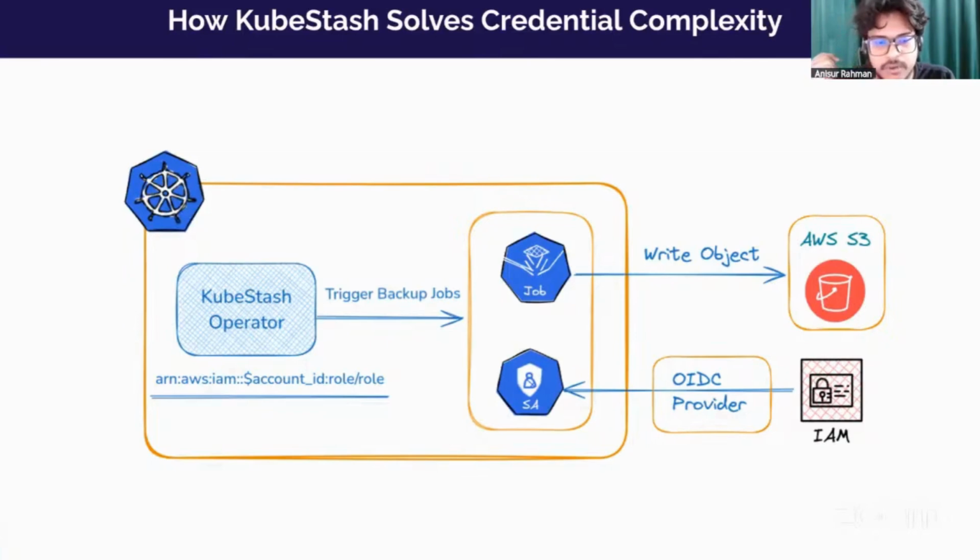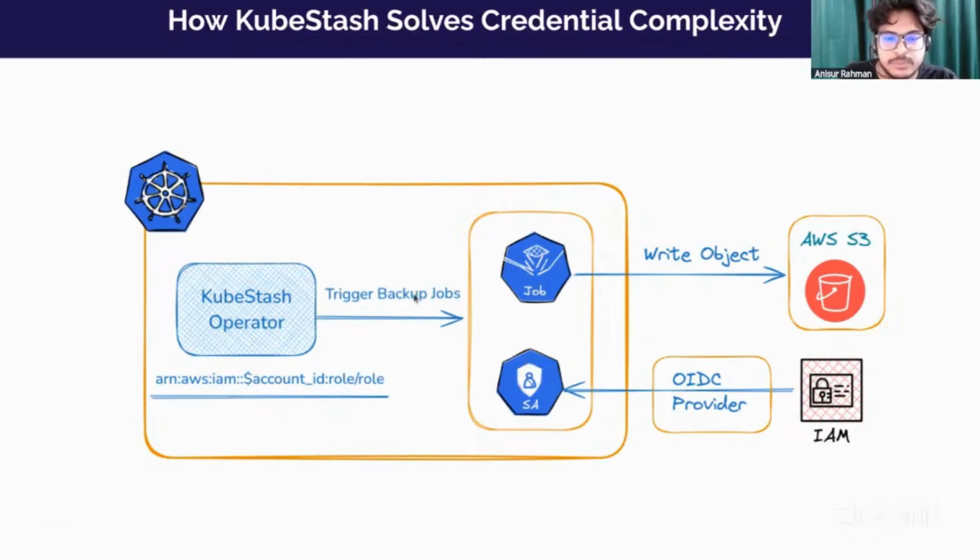You have to annotate this ARN value with the KubeStash operator service account. That means the KubeStash operator has a service account, and the service account has this value as an annotation. Once the KubeStash operator triggers any job, this job definitely has a service account.